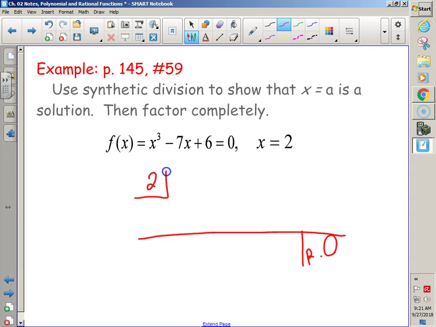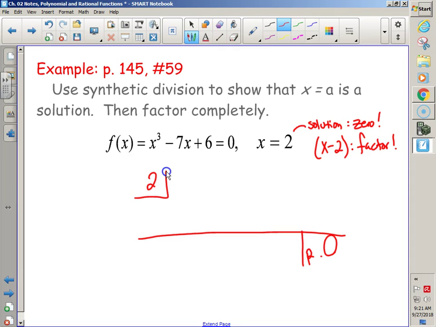A 0. Anytime you do synthetic division and a remainder is 0, this is an actual solution or an actual 0 of the function, which means this is an actual factor. And we saw that in the problem that we just talked about with the negative 4, x plus 4 was a factor.